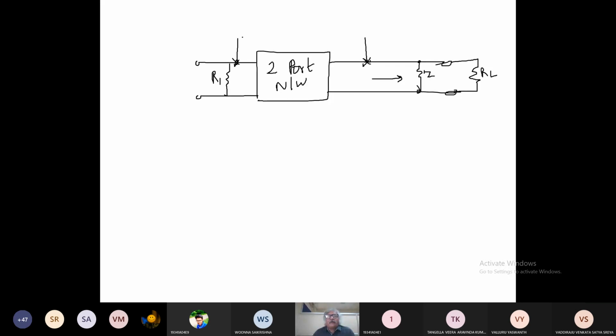Suppose we have connected some resistor R2. Now this R2 will give us some trouble to solve this two-port network.